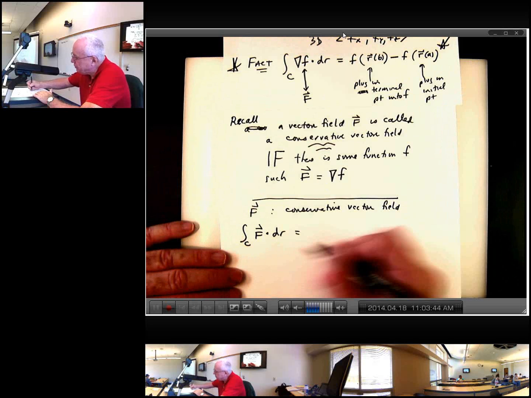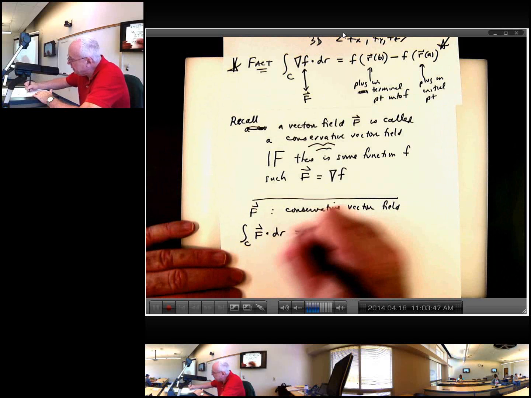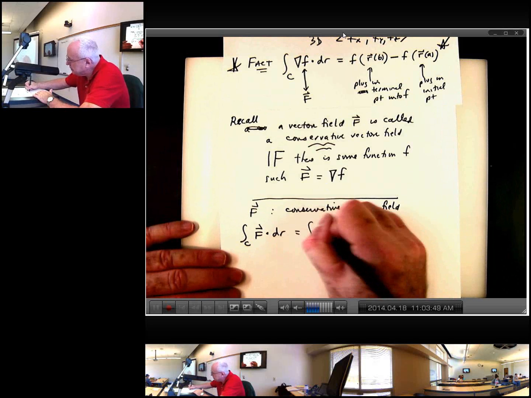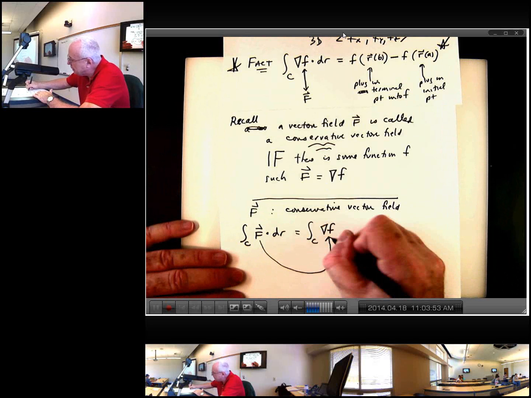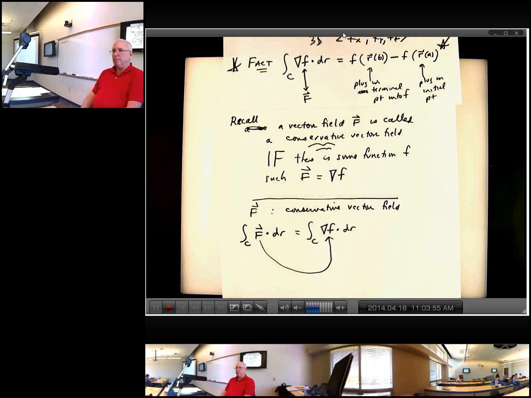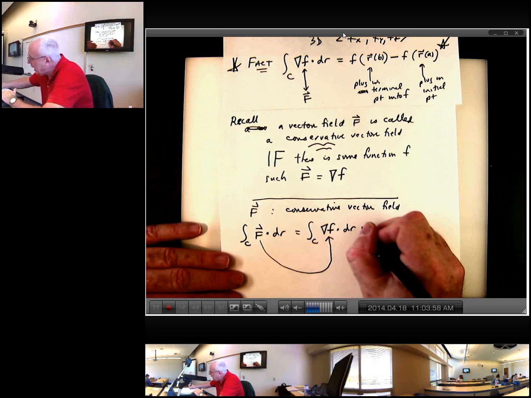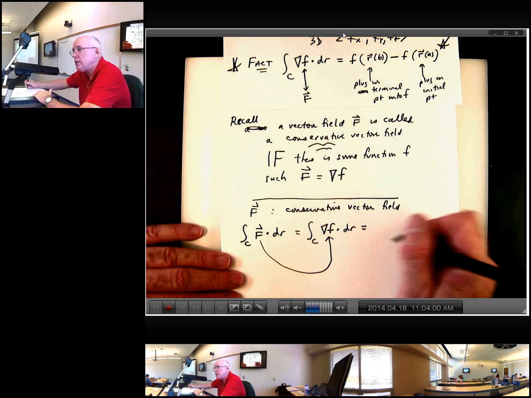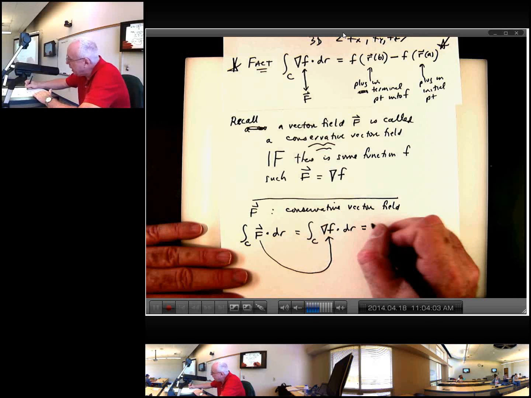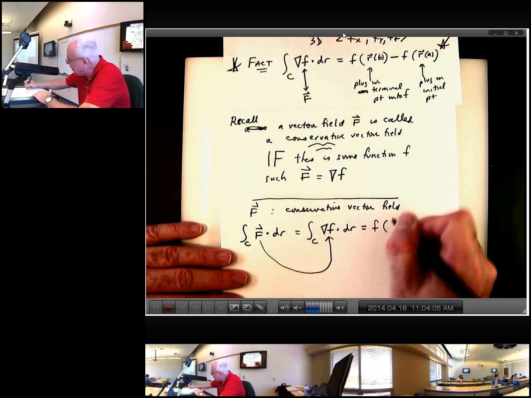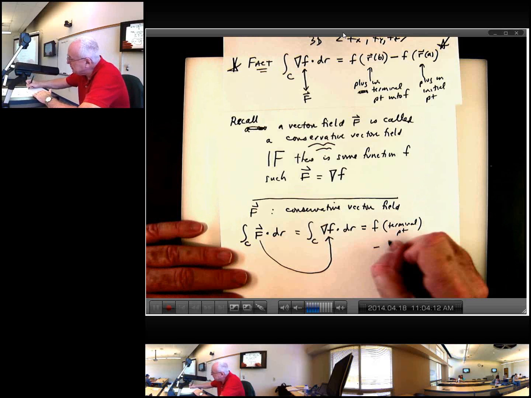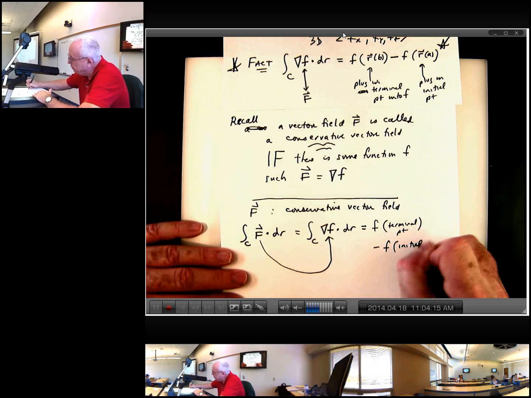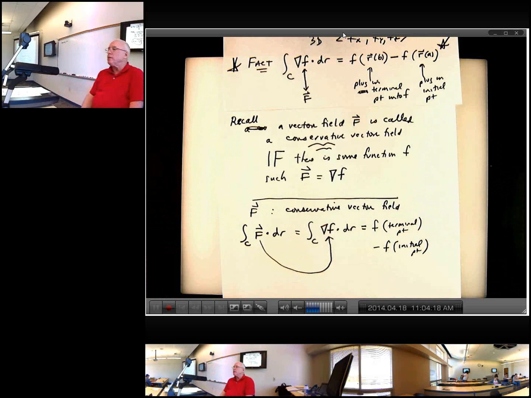Since it's a conservative vector field, it equals the gradient of some function, dot dr, by definition. And therefore, we can very easily evaluate this as little f at the terminal point minus little f at the initial point. So conservative vector fields are nice.